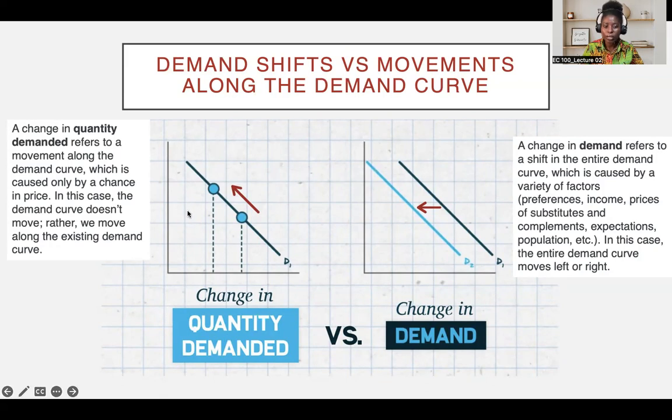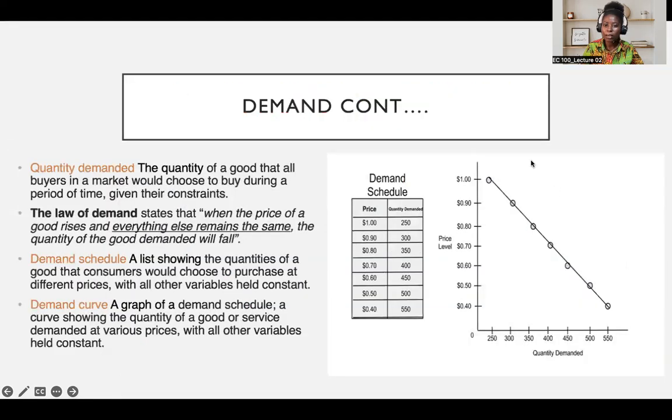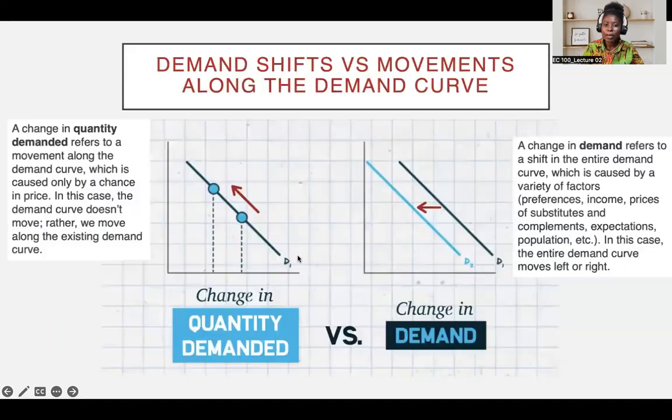How do they work? Change in quantity demanded is just the normal presentation, like this one, whereby the changes happen along the curve due to price.